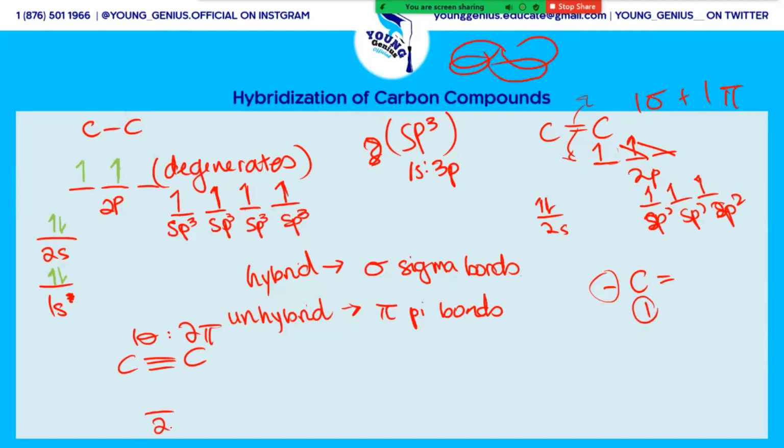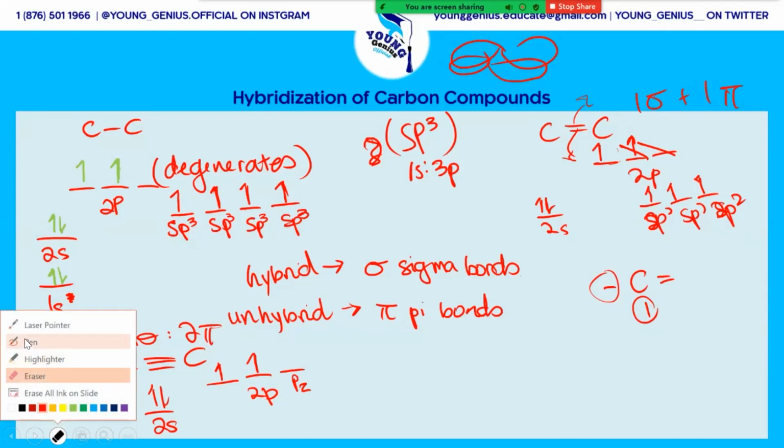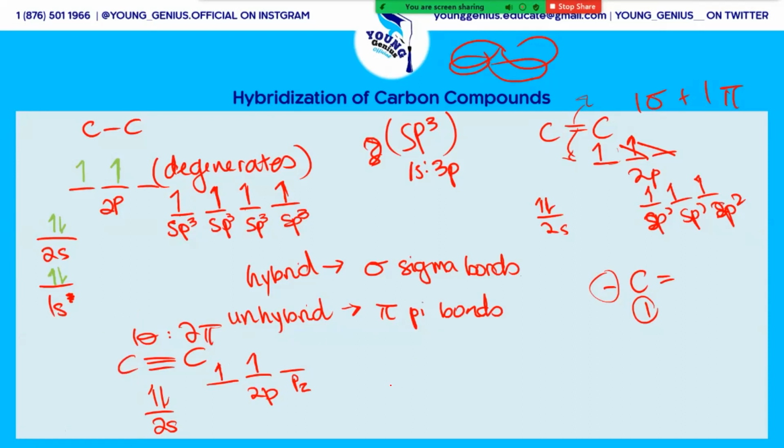So you have your 2s orbital, and then you'd have your 3 p orbitals. And as I said, you will have the mixing of this 2s orbital with only one of the p orbitals. So that could be, let's say, the pz orbital. So what you will have is 2 sp orbitals.